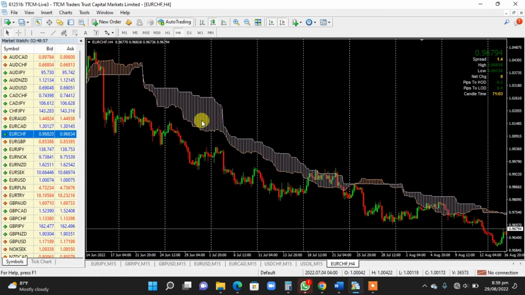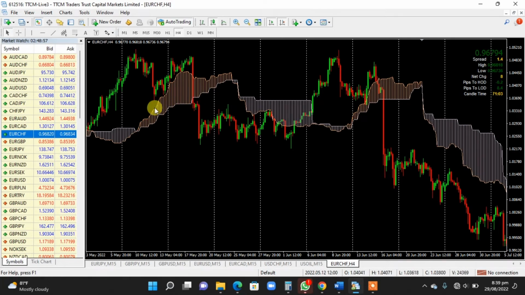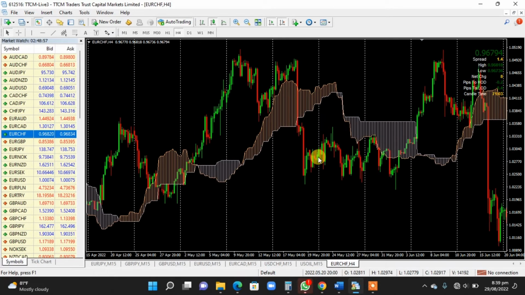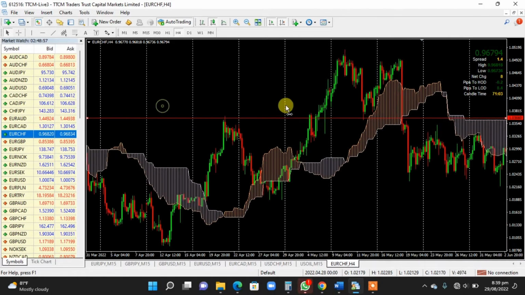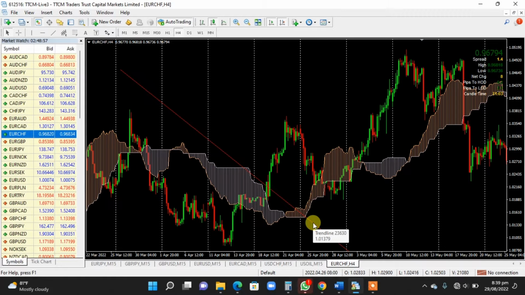Now, looking at the Kumo, it's actually support and resistance at various levels. Western technicals will sometimes draw horizontal lines at certain price points: this was touched, it's broken. Or they may draw lines across the chart. Whichever approach they choose, it's a way of looking at support and resistance.